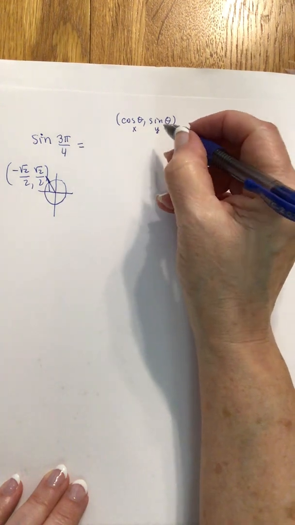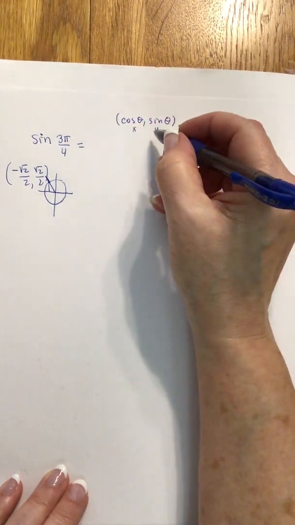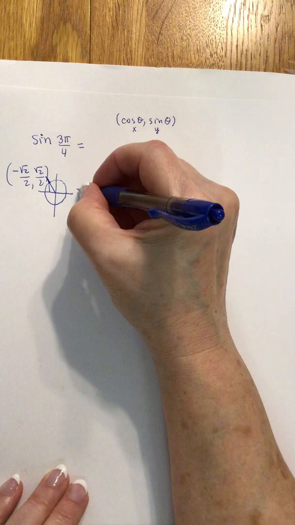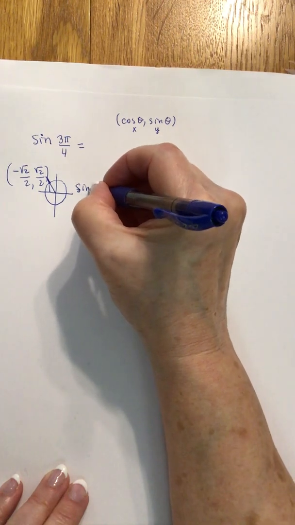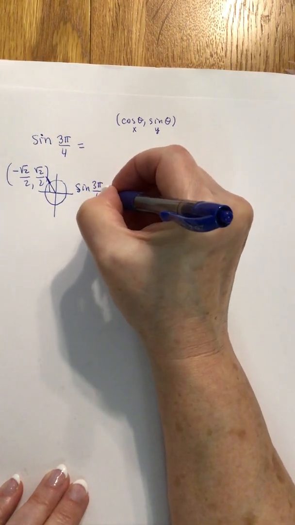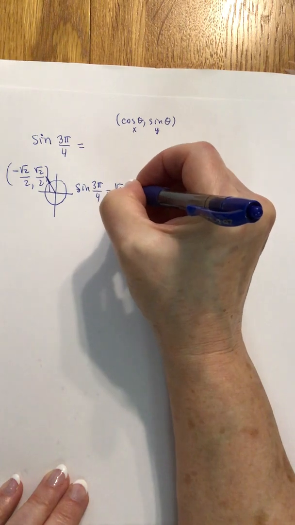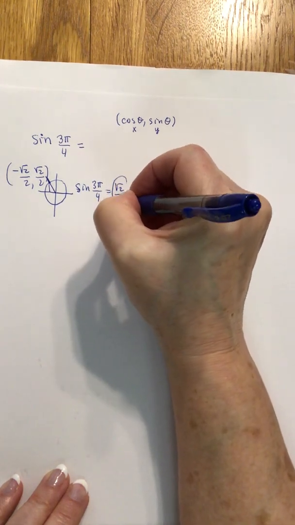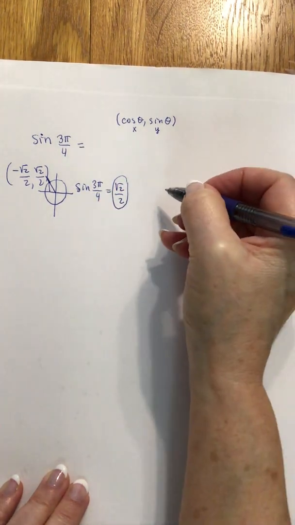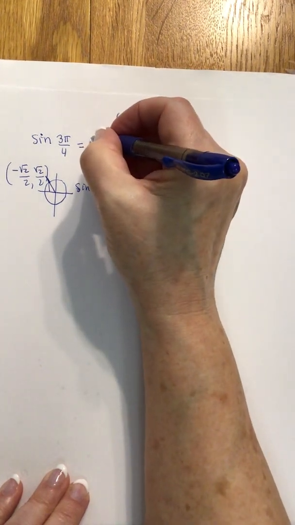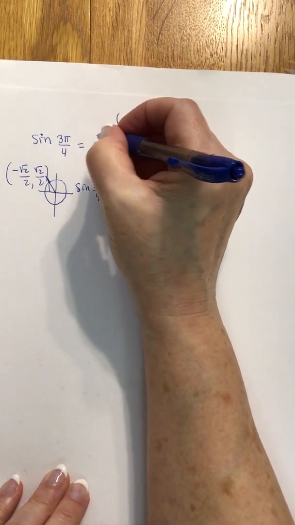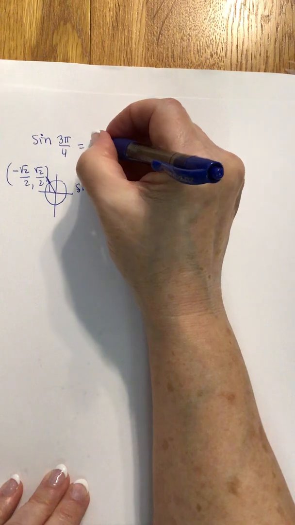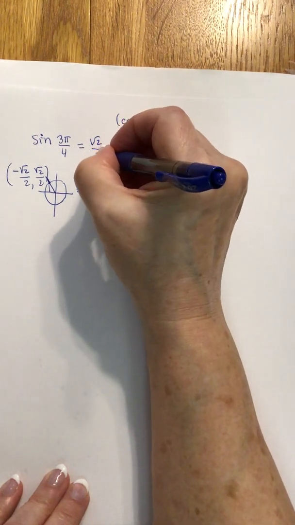So now since we're looking for the sine, it is the y value. So my y value for sine 3 pi over 4 is going to equal square root of 2 over 2. So that would be my trig ratio.